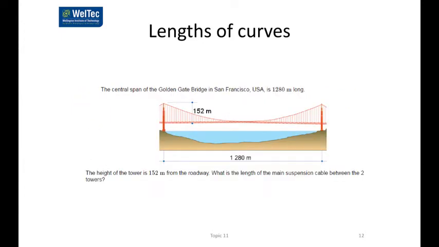For this question here, to find the length of the curve on the central span of the Golden Gate Bridge in San Francisco, this is not a question you'd be expected to do in class from this amount of information. In order to do this question, you actually need to be given the equation of the span, and assuming it's a catenary, you'd have been given the equation.